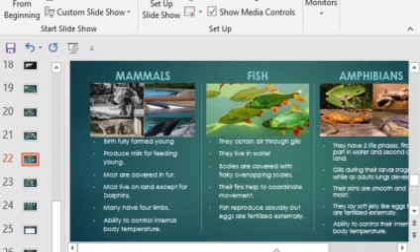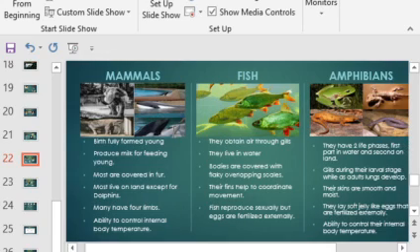One of the main characteristics is that they birth fully formed young and produce milk for feeding these young. Another feature is that most of them are covered with fur, and they mostly live on land except for maybe the dolphin. You can see a nice picture there, an example of an elephant and a dolphin.